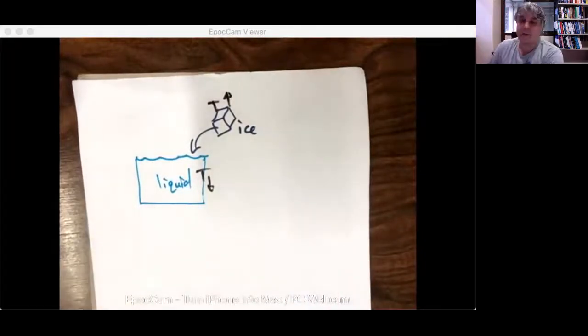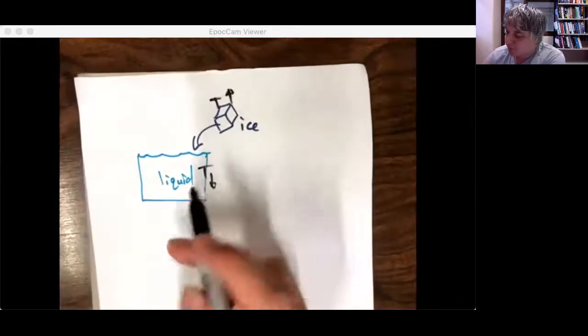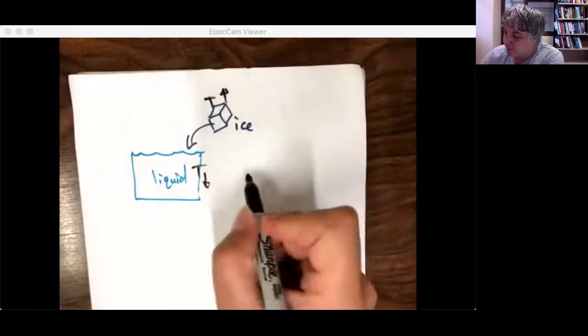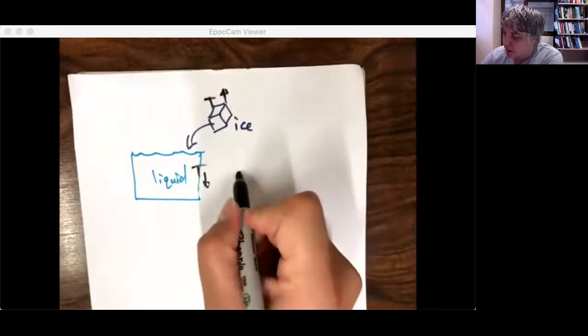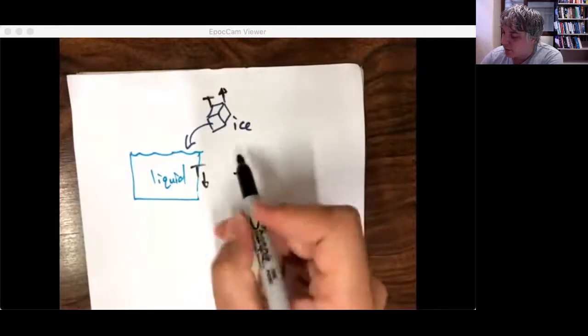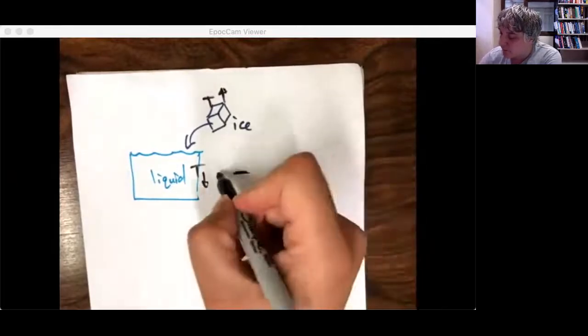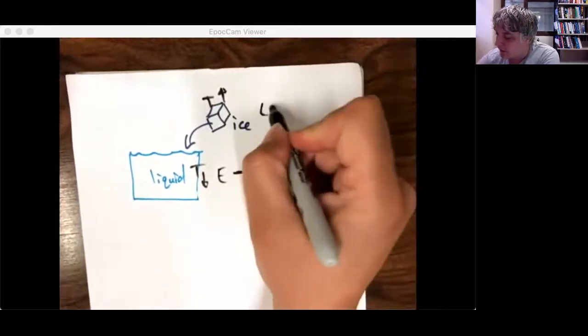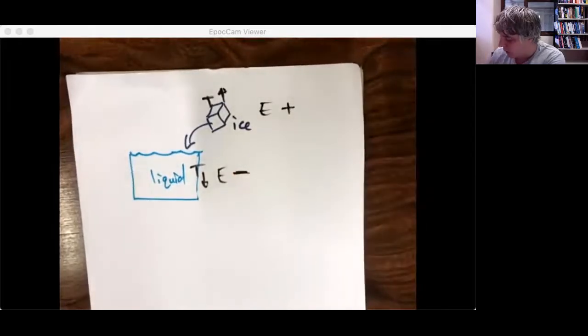So that tells us immediately that we need to be thinking about energy leaving the liquid, and so we might call that negative. And that same energy is going to go into the ice, so energy into the ice we might call positive.